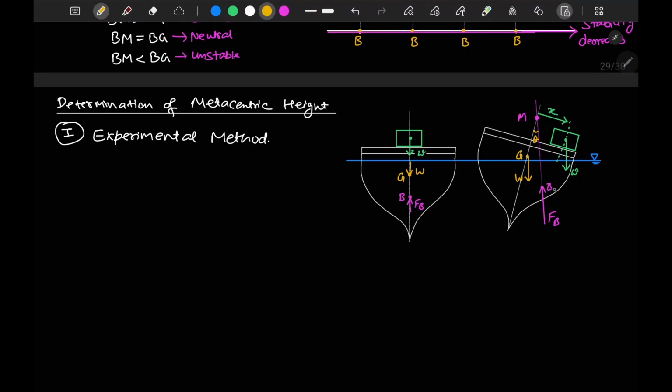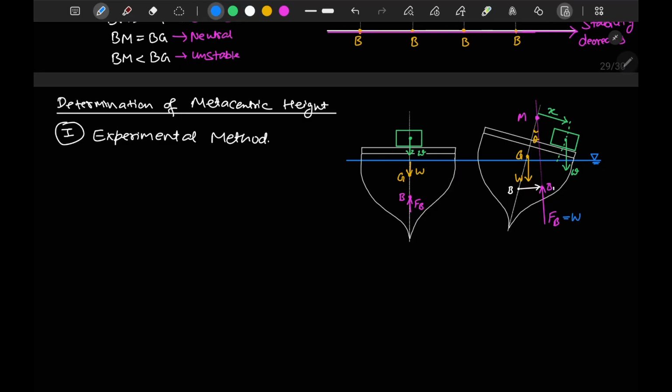This is your B1. Your original B was at this point, so the center of buoyancy moves from this point to this point. And the value of this buoyant force Fb is equal to W, that is the weight of the ship.